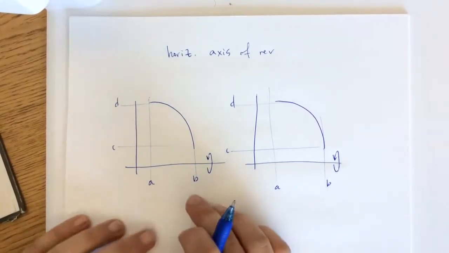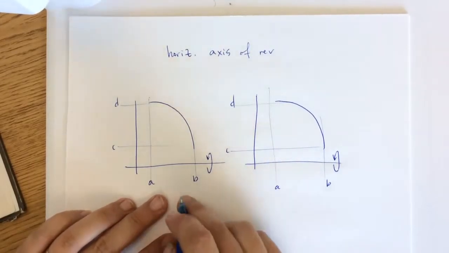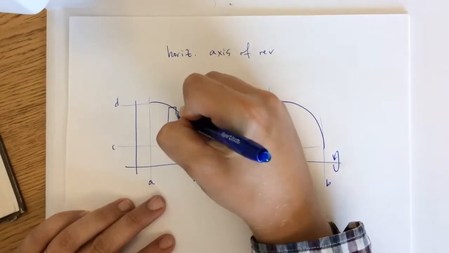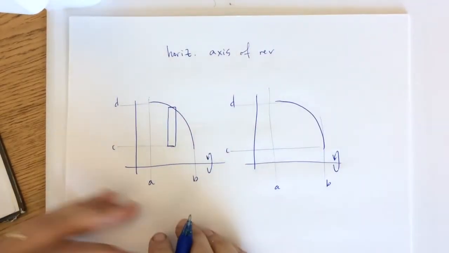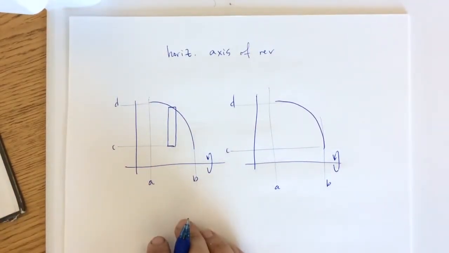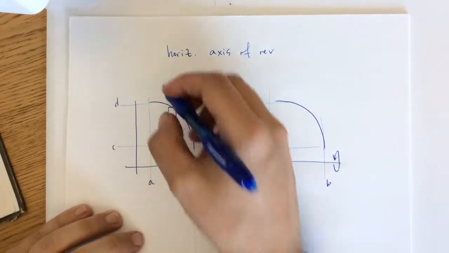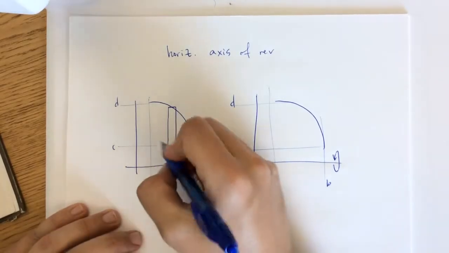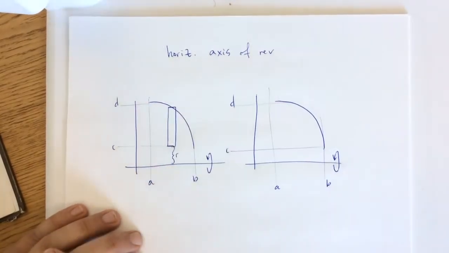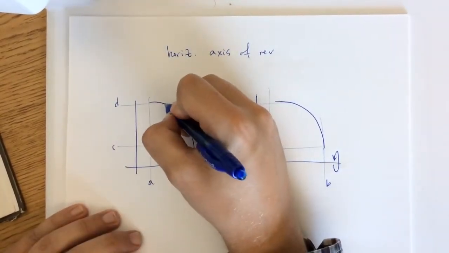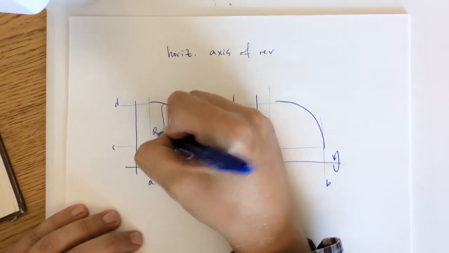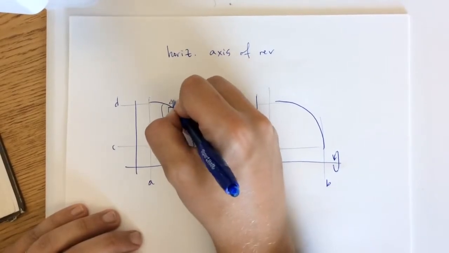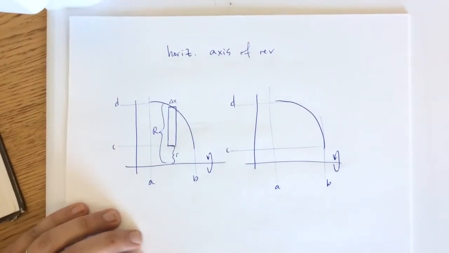For the disk method, or the washer method, in order to make a disk, we're going to need a vertical representative rectangle. Okay, so we're going to have a minor radius r, and a major radius capital R, and the width of that rectangle is delta x.